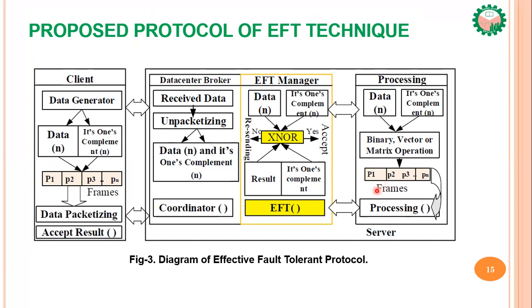These frames are submitted to the data center broker, and the data center broker uses the effective fault tolerance manager to check for any error in the result and its one's complement. If the client accepts the result, the XNOR outcome is 0. Otherwise, the execution operation is resent again.